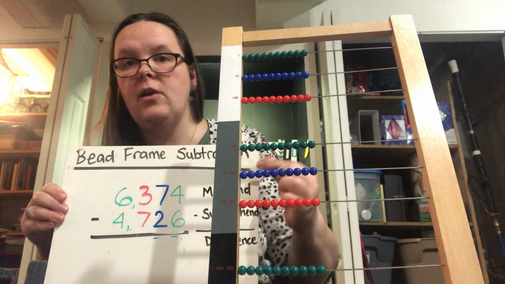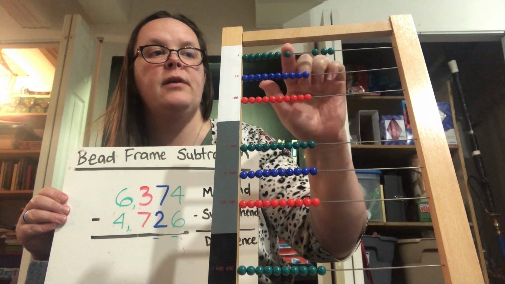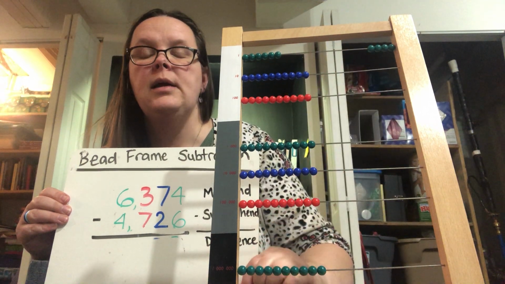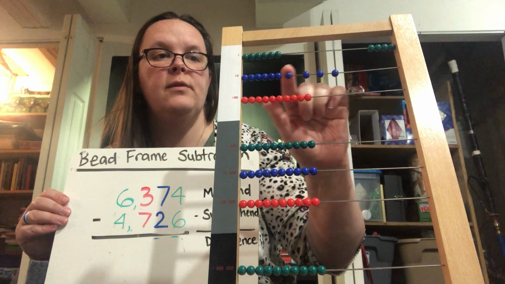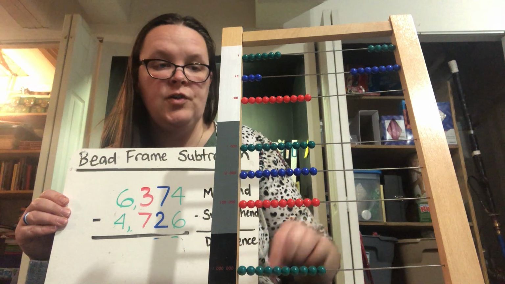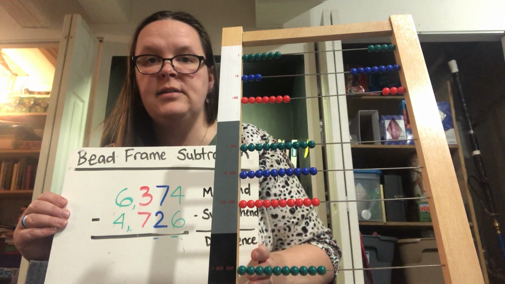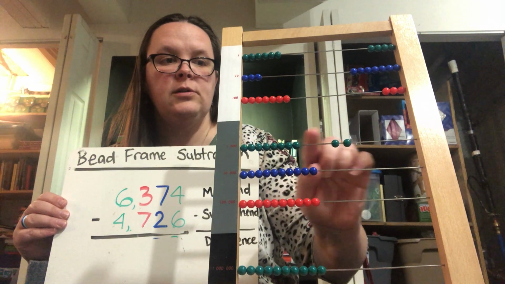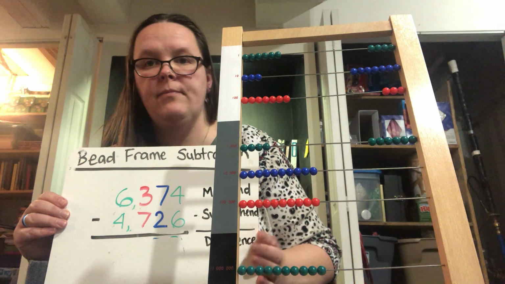So, 4 units. 1, 2, 3, 4. 7 tens. 1, 2, 3, 4, 5, 6, 7. 3 hundreds, 1, 2, 3, and 6 thousands, 1, 2, 3, 4, 5, 6. Okay.